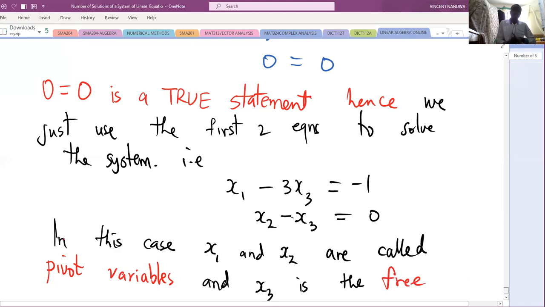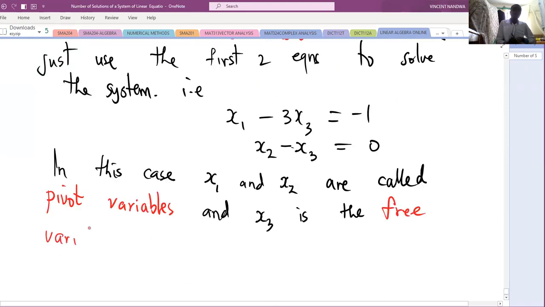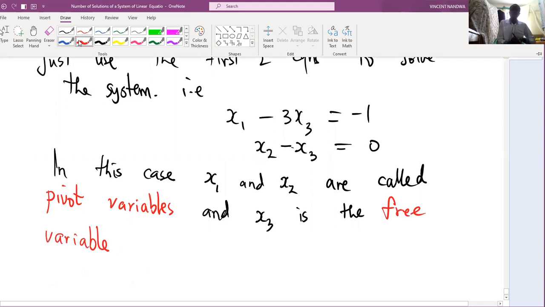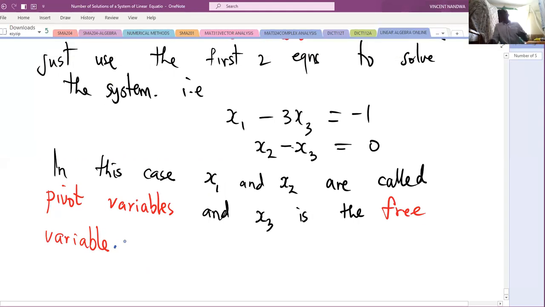A free variable is a variable that has no leading one when you reduce the system into row echelon form. So a free variable can take on any real number. So that is what we fix to be the parametric variable. So let x3 be t, where t is any real number, and this t is a parameter.